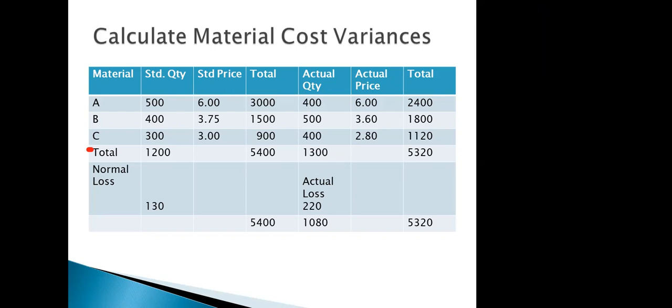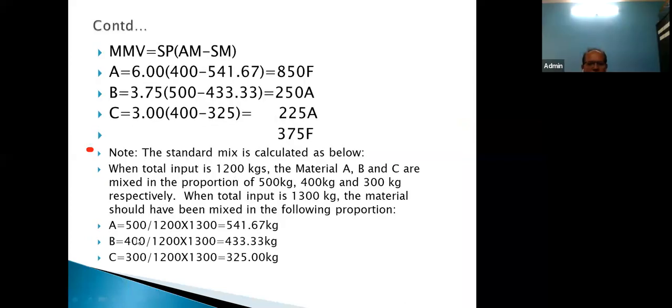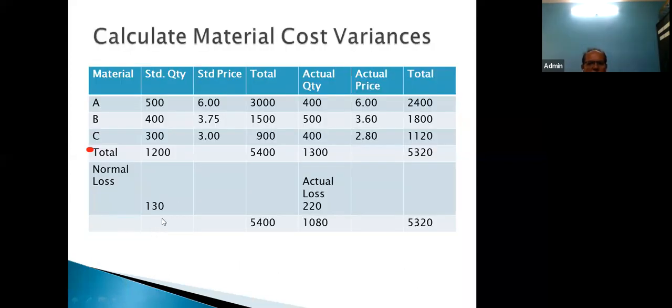So the same values here we have to feed like this. 500 upon, look at here, 500 upon this total, total is here 1200 upon 1200 multiplied by this actual quantity total 1300.